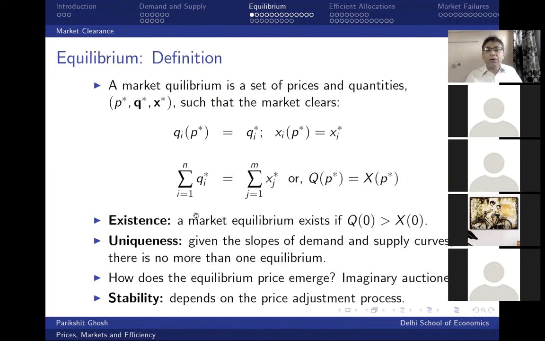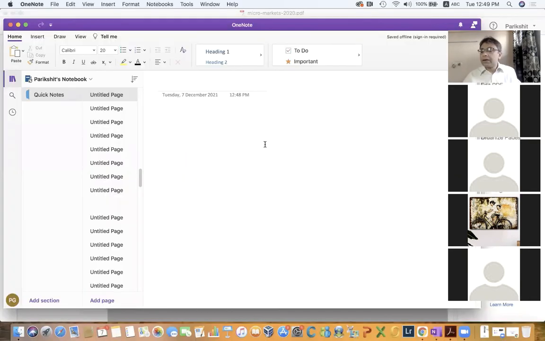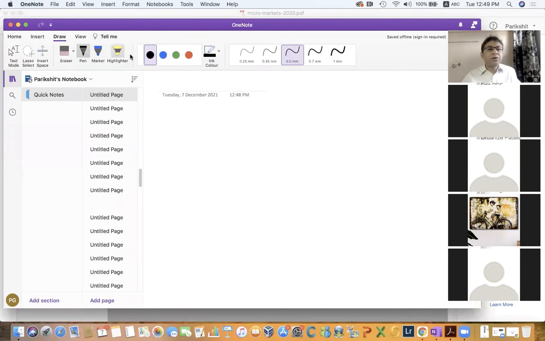Under our assumptions in this simple, somewhat restrictive model, existence and uniqueness will be guaranteed, right? It's simple enough, and a single market. Here I'm being very informal, but I'm just trying to familiarize you with these issues.